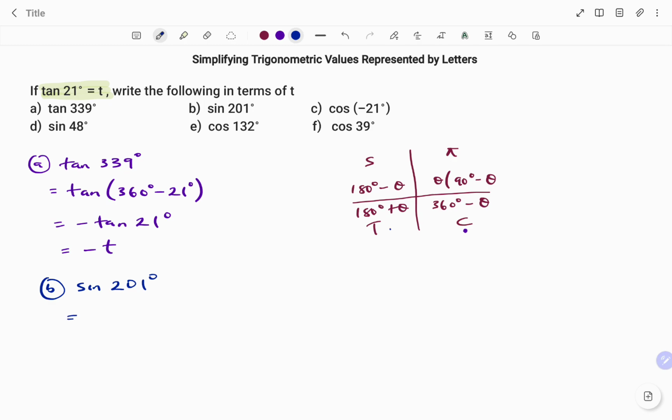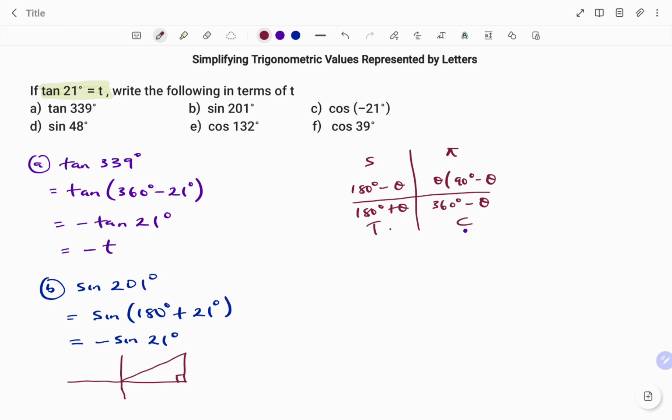So that's equal to sine 180 degrees plus 21 degrees. And if you look at the value of sine in that quadrant, sine is negative, so that's equal to minus sine 21 degrees. Using a CAST diagram again for our triangle, 21 degrees falls in the first quadrant as an acute angle.